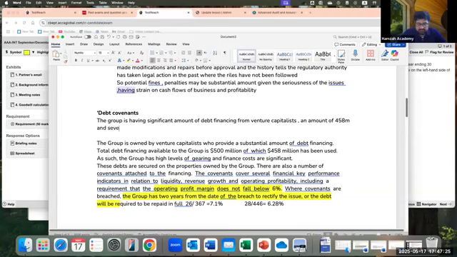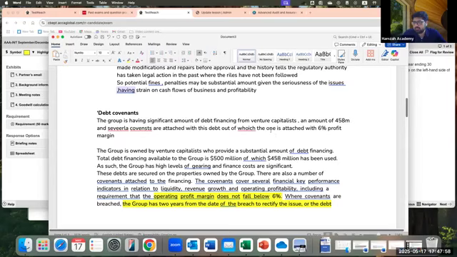And several covenants are attached with this debt, out of which the one is attached with operating 6% profit margin. That is, the group's profit margin should not fall below it.